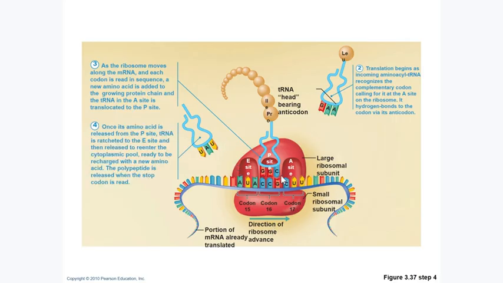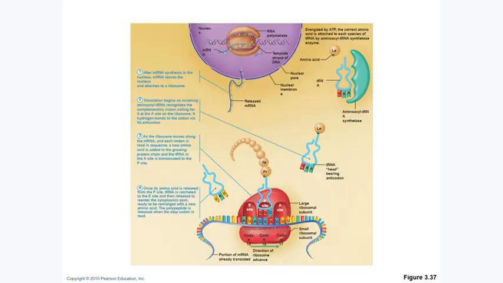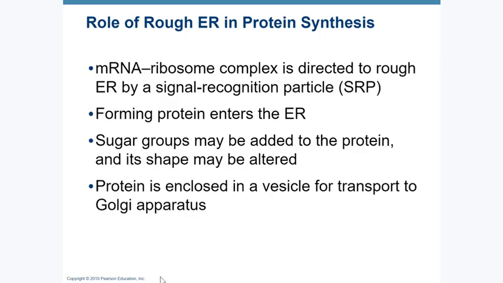Then, as the ribosome moves along, the P site moves to the E site, and I remember what the E site does because it ejects the tRNA, and then continues onwards and so forth. It releases the tRNA to go find a new amino acid to add to that strand. So there you go. You can see that.